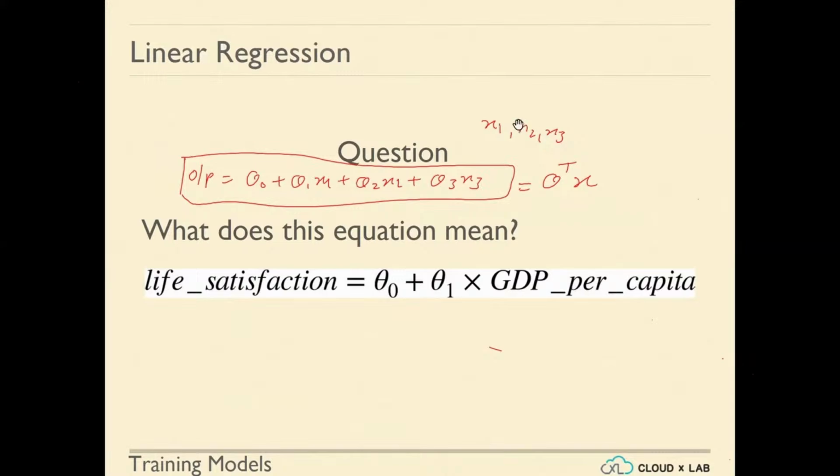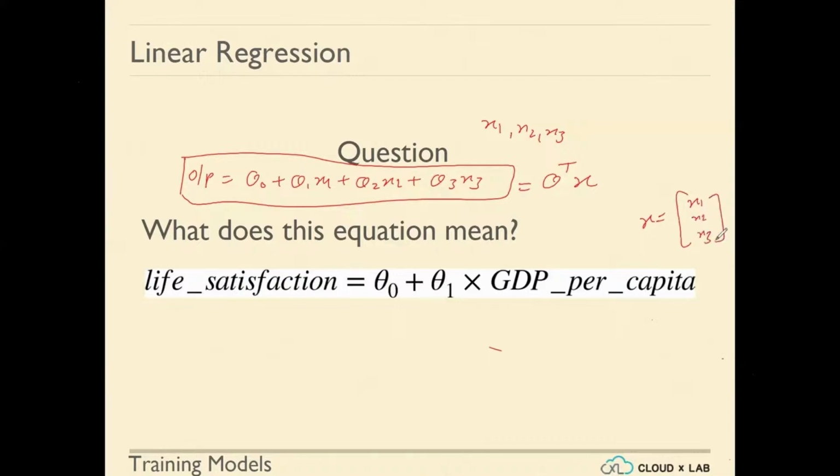Since we are having 3 inputs x1, x2, x3, these are the values of features, right? So in the input we are having 3 features x1, x2, x3. So the feature vector x here will be a column vector x1, x2, x3, right?